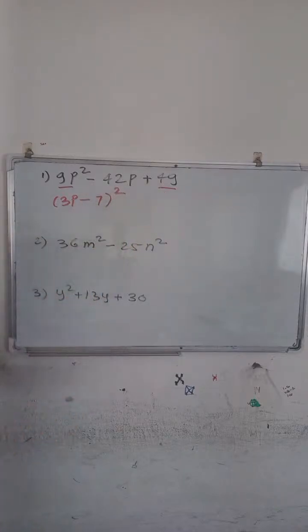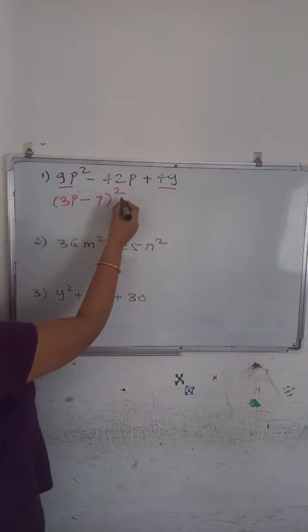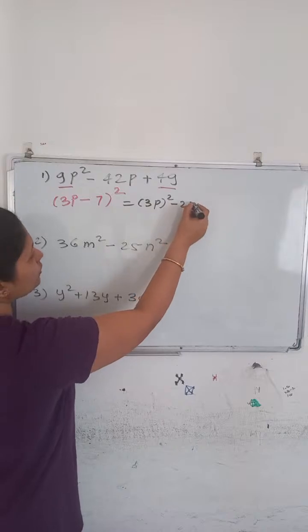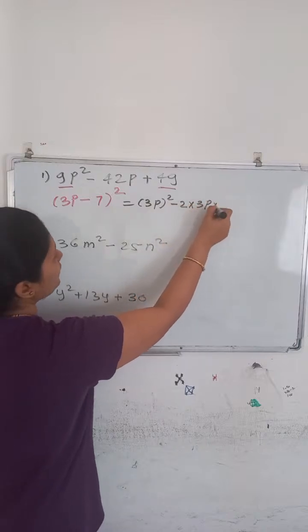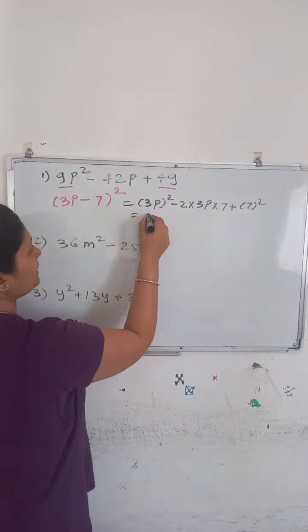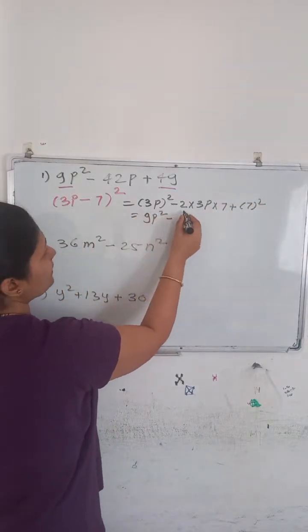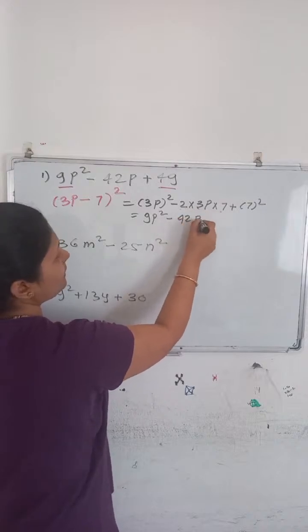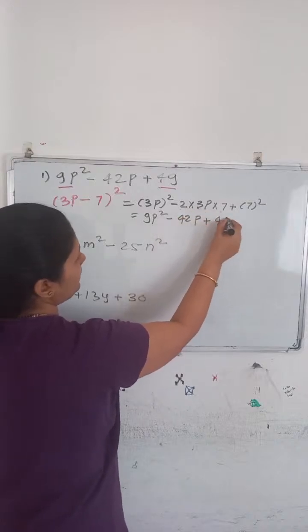Why did I apply this? Because the expansion of 3p minus 7 whole square is 3p square minus 2 into 3p into 7 plus 7 square. That is nothing but 9p square, 3 2s are 6, 6 7s are how much? 42p plus 49.